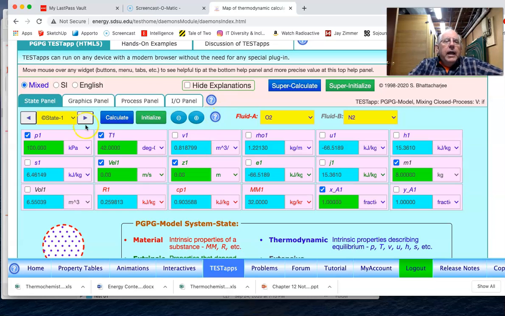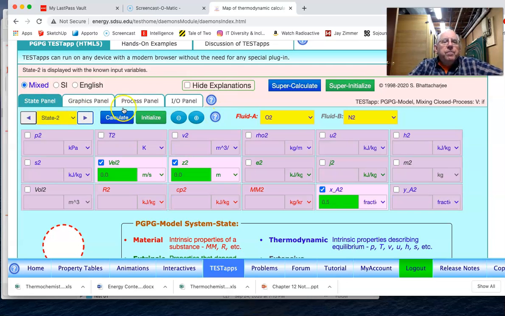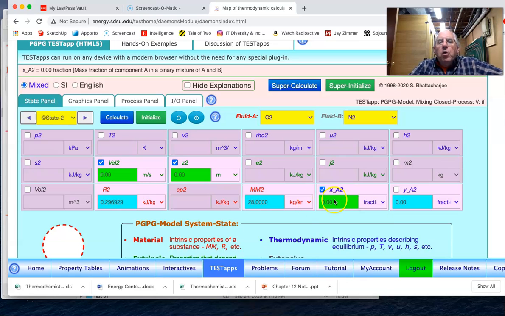Now we want to go to state 2, the nitrogen side. To specify it being nitrogen, we say that there is no oxygen. We use the same variable, but set it equal to 0, implying that nitrogen is 100%.